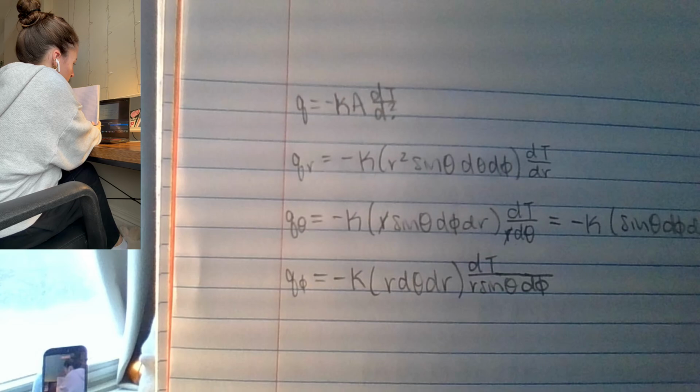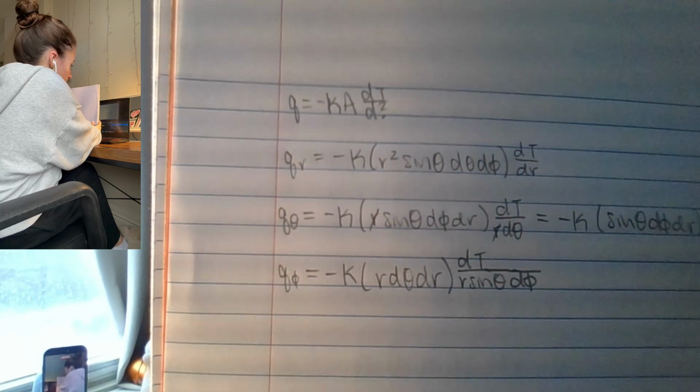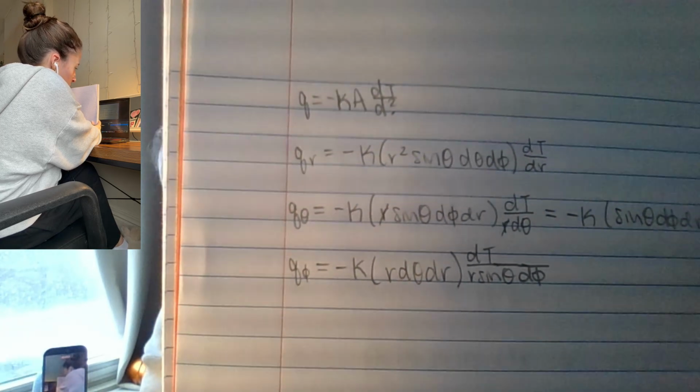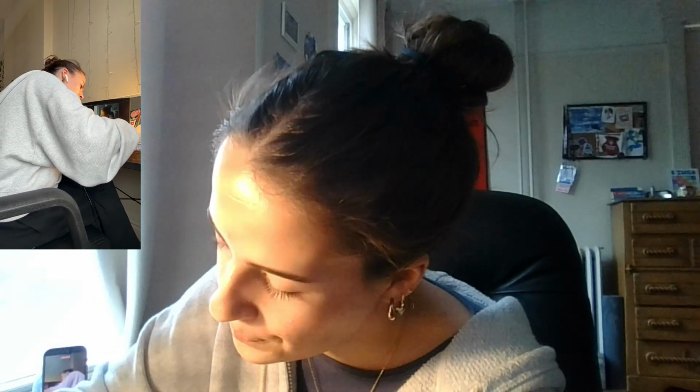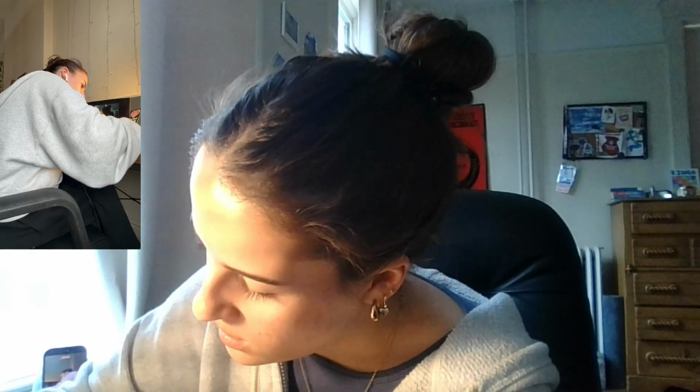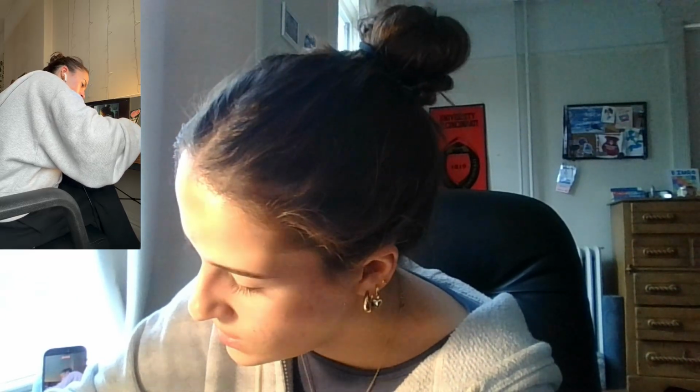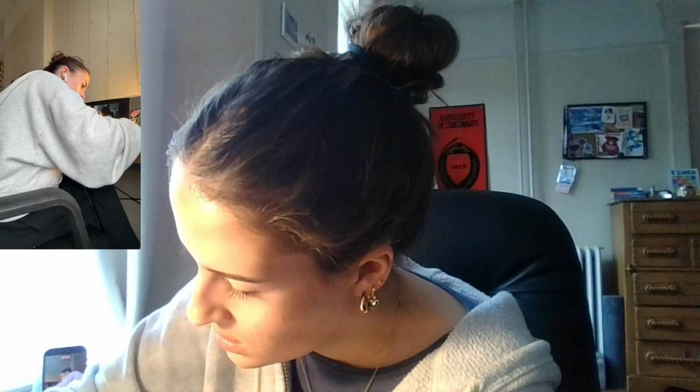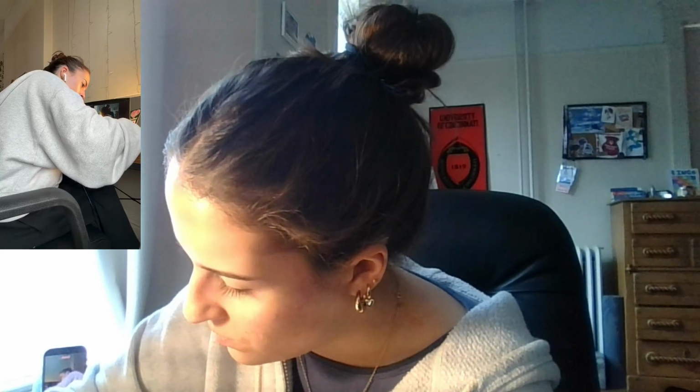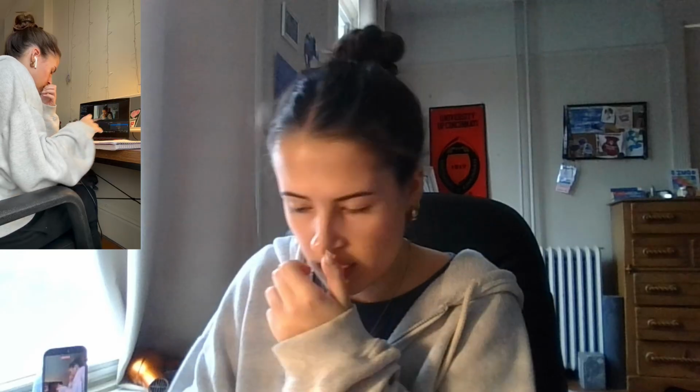So r d theta dr, r sine theta d phi, and we can cancel the r's out once again. Negative k d theta dr dt over sine theta d phi.